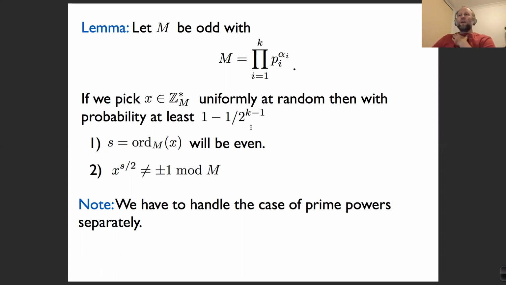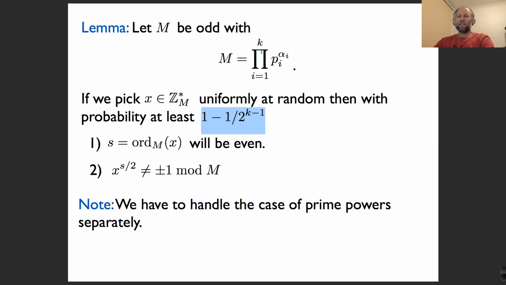Okay, so if k equals 1, then this basically gives nothing, right? This is like 0. So k equals 1 means that m is a prime power. We're going to have to handle that case separately, but there are efficient classical algorithms to check if m is a prime power, so that's not a hard case.